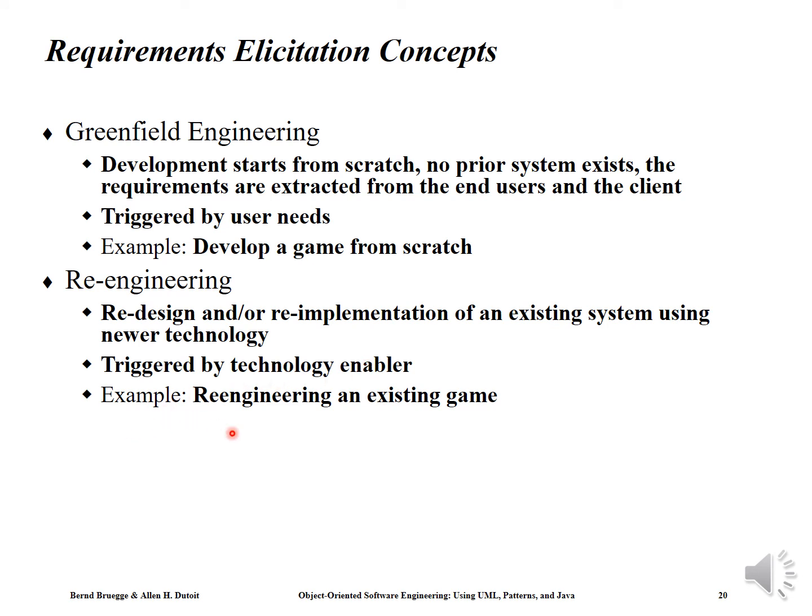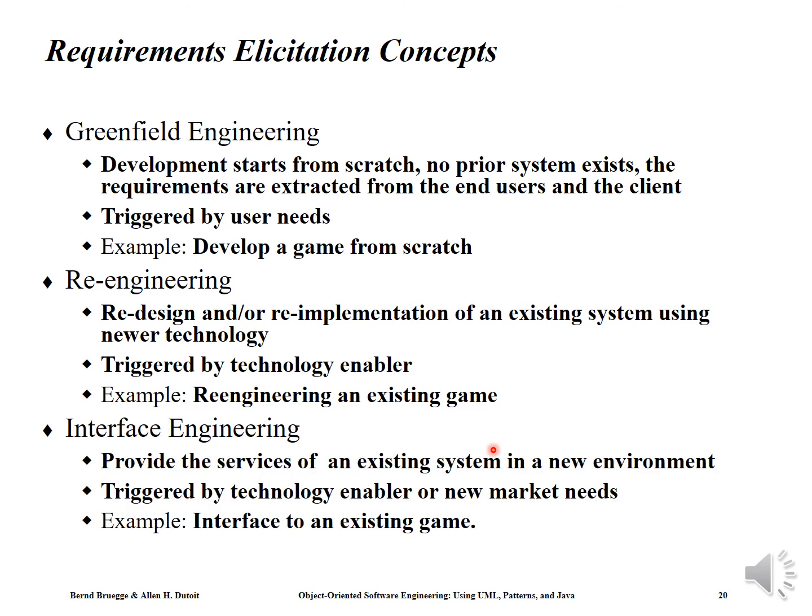For example, re-engineering of an existing game. Third is interface engineering. So it is the redesign of the user interface of an existing system, like a legacy system, triggered by technology enablers or new market needs. An example of it is a new interface of an existing game.